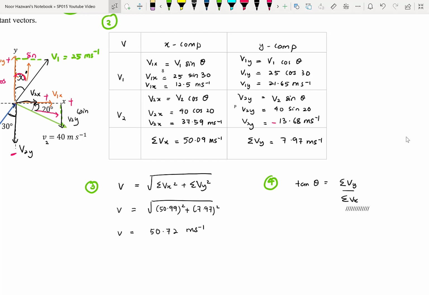Okay, and then you substitute in the values. So tan theta equals Vy is 7.97, divided by 50.99. Then you will get, when you calculate, you must make sure you press shift tan on your calculator. You cannot just press tan theta, you will not get anything. It has to be shift tan, because you want to find the angle.